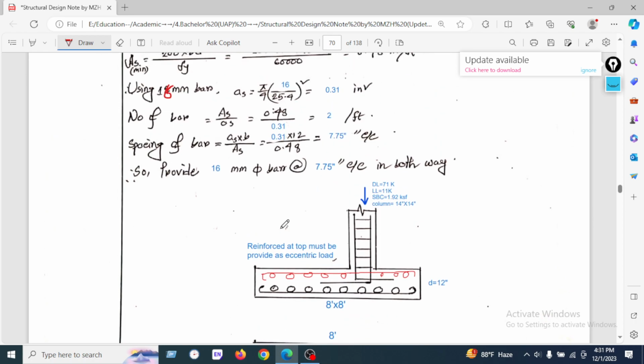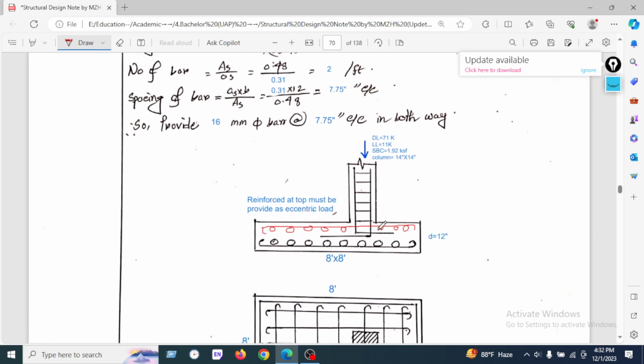There is an exception we have to remind: the reinforcement at top must be provided for eccentric load. When we impose eccentric load on an eccentric footing, reinforcement must be provided at the top. On the other hand, we have calculated only the concentric load, for which we provide only bottom reinforcement, but there is the exception.